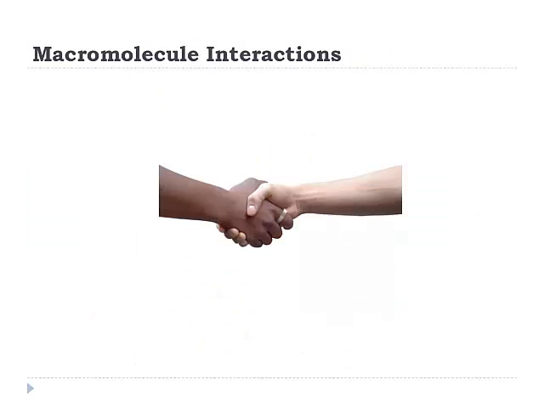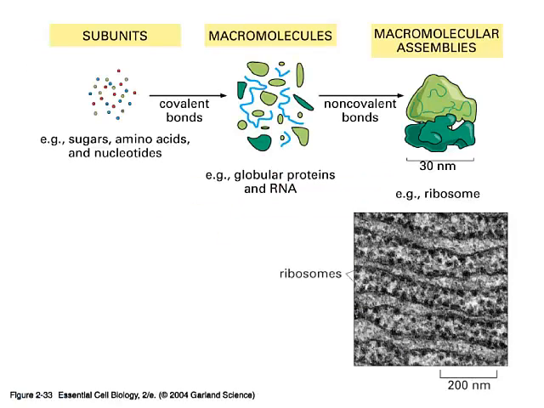Okay, finally, looking at these weaker interactions that are really actually key for the function of molecules, these macromolecular interactions. Yeah? You said substrate phosphorylation. Oh, okay, let me write those down.